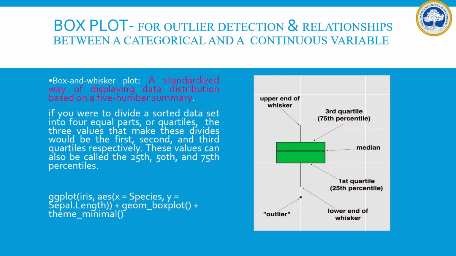The box plot is also called the box and whisker plot, which is a standardized way of displaying data distribution based on five summary statistics.